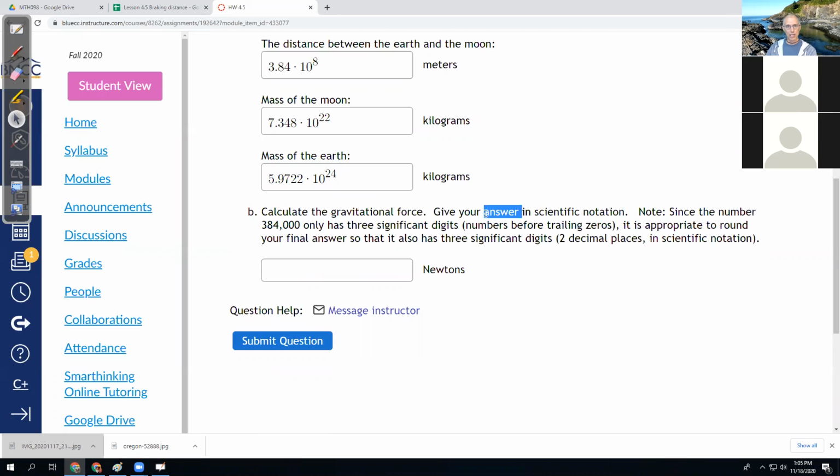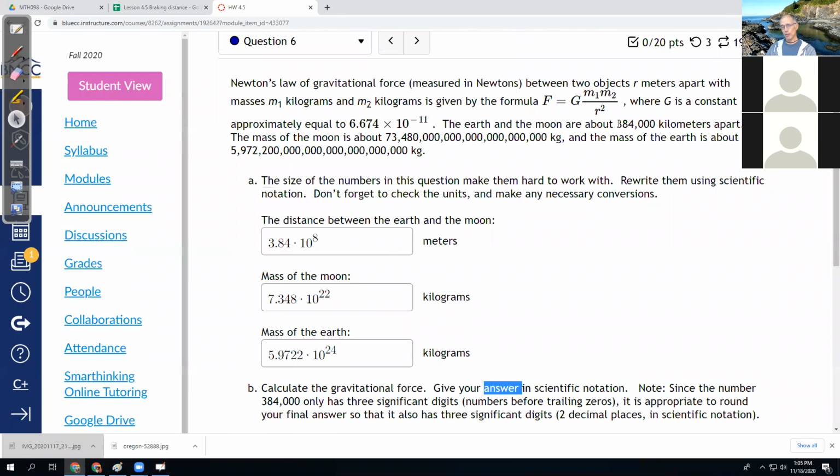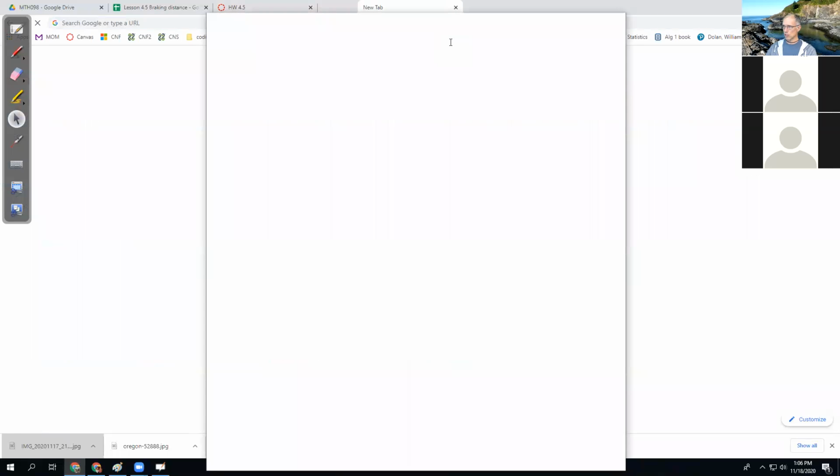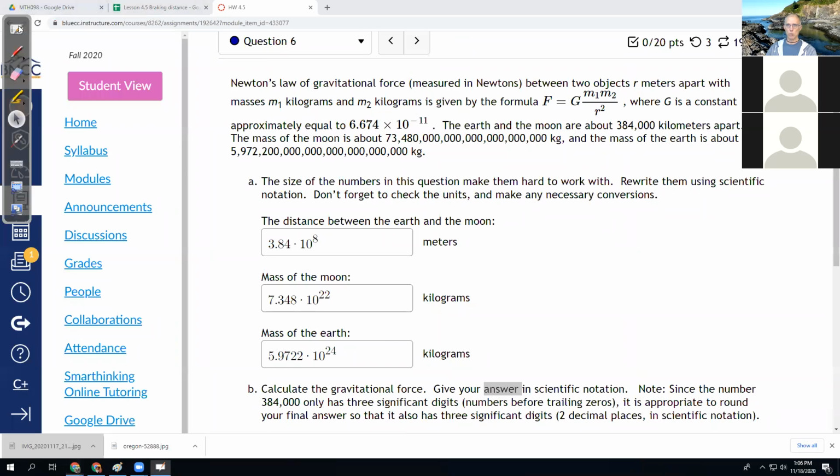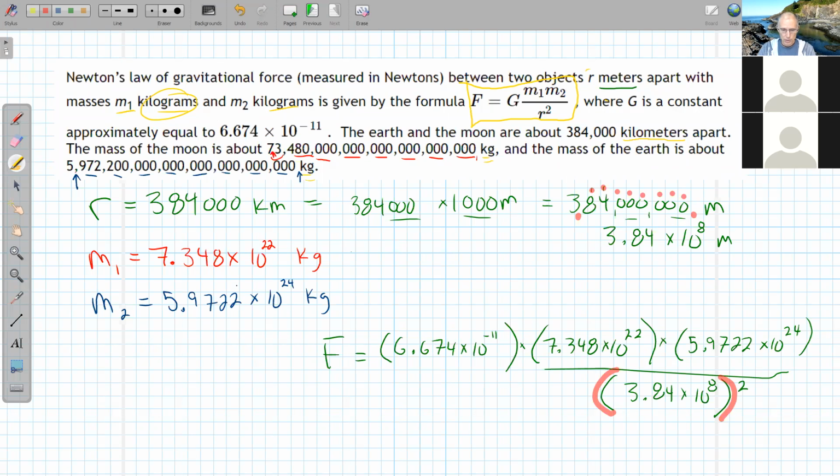All right, so calculator time. And on this one, these are real numbers. We're all going to have the same problem. It's not going to be different for each of us. So let's see if we can agree on a calculator. And I'm going to type this in a different screen so I can see the numbers I need to type from my notes. All right, there we go. Hopefully we can agree on this.